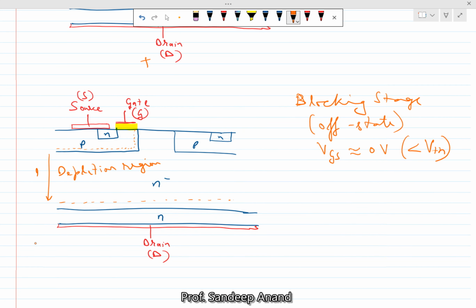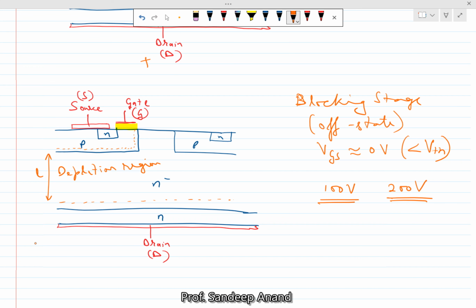The length of the depletion region depends on how much voltage you want this device to block. So if you are talking about a MOSFET which is rated for 100 volt versus another MOSFET which is rated for 200 volt, that means here you only need to block 100 volt. In the other case, you need to block 200 volt.